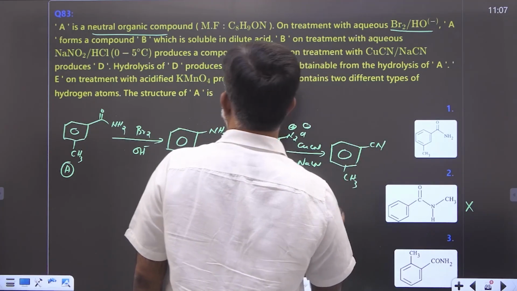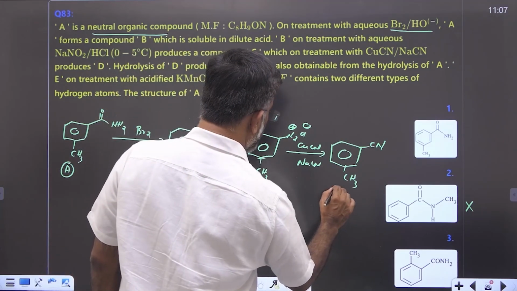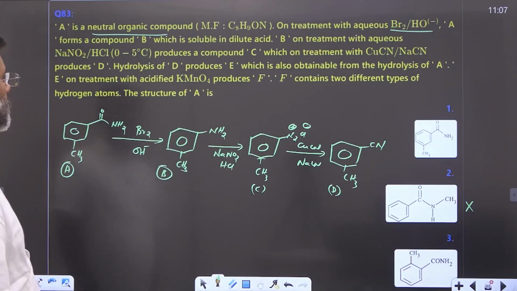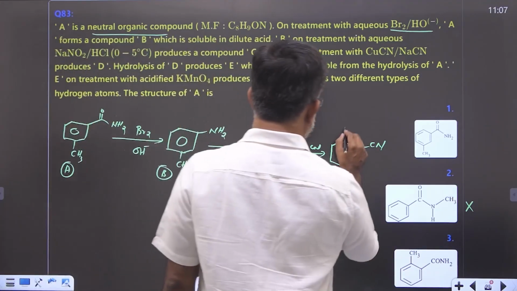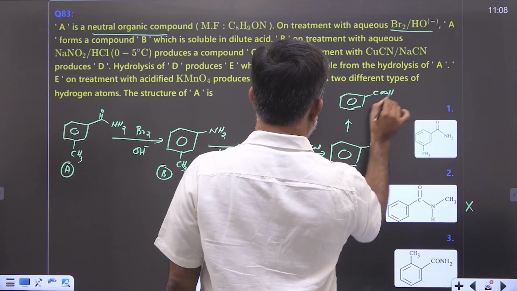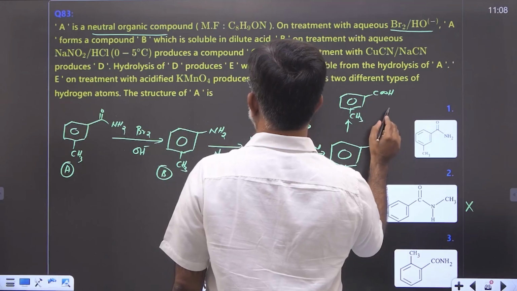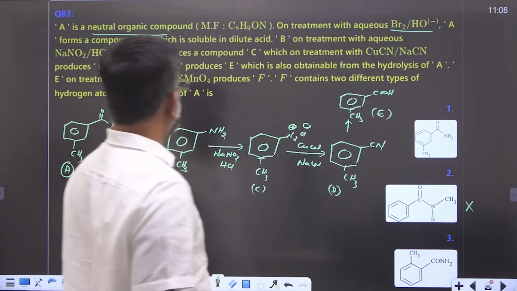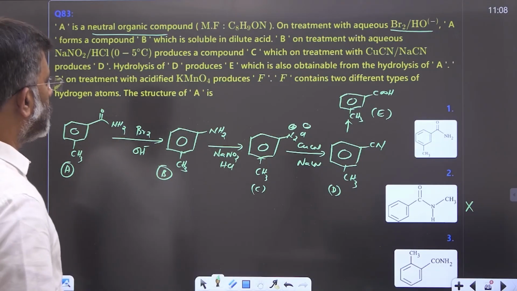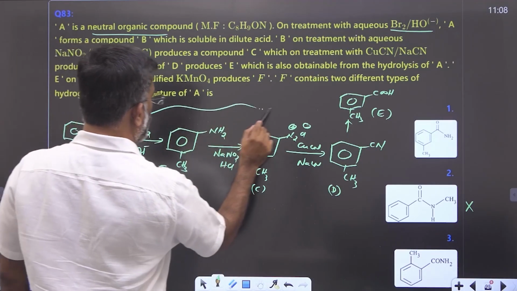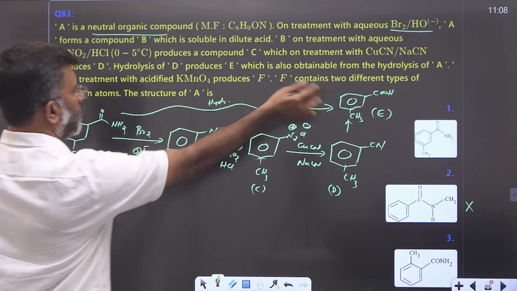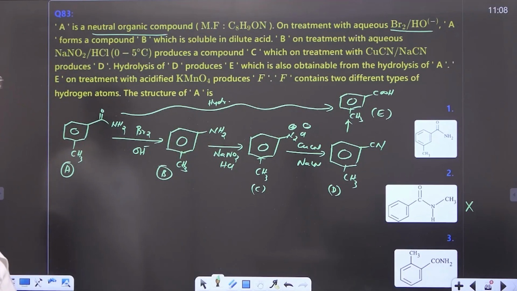This is D. Hydrolysis of D produces E. When hydrolyzed, CN turns to COOH. This is E, which is also obtainable from hydrolysis of A, correct? Upon hydrolysis, CONH2 is converted to COOH. Perfect.